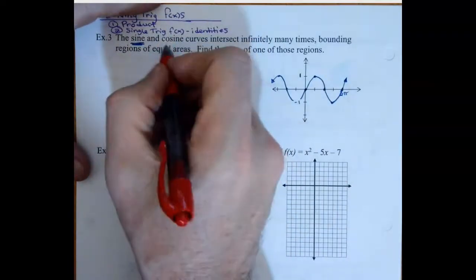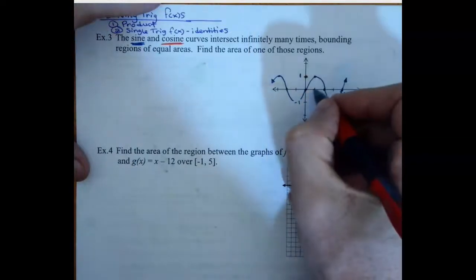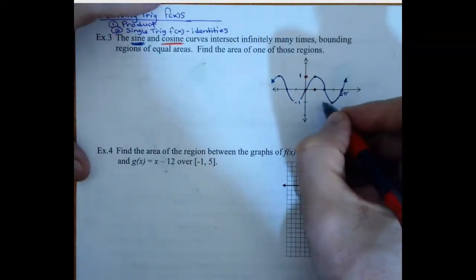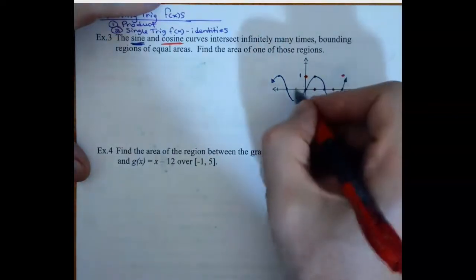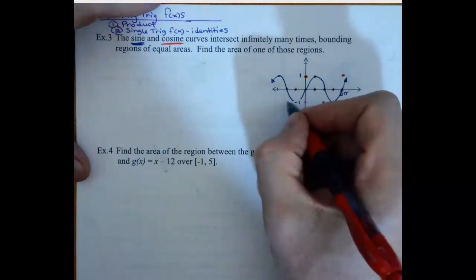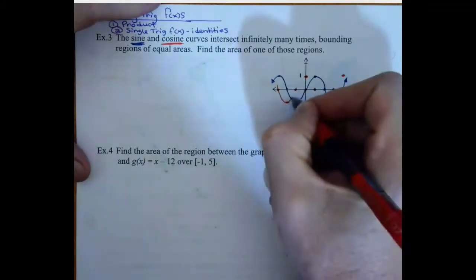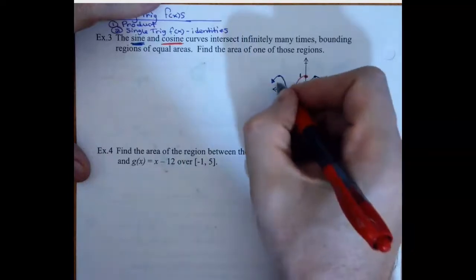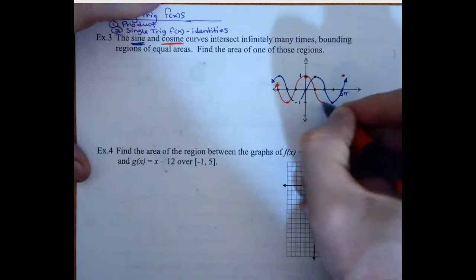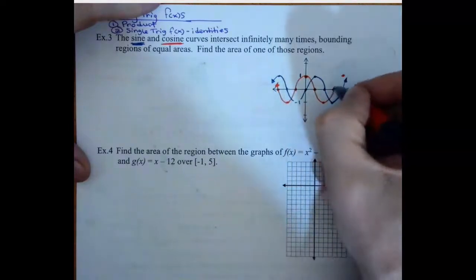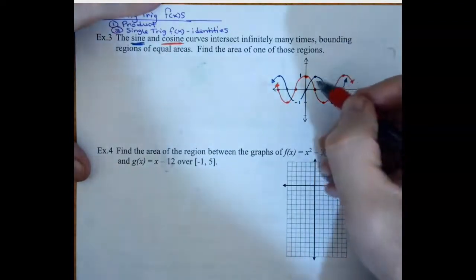And I'm going to graph cosine. So cosine starts at 0, 1, and then comes down here like so, and here, and here, and here. So kind of like that, and down, up, and like that.